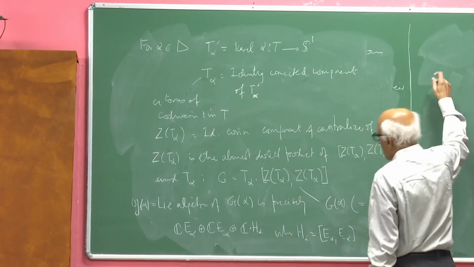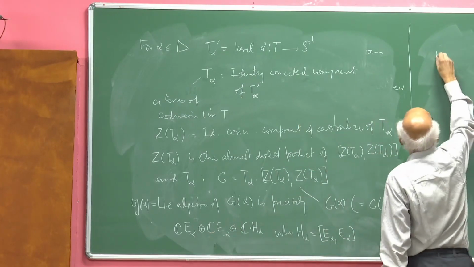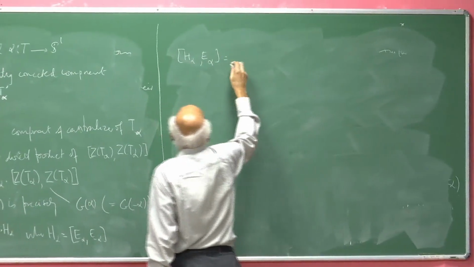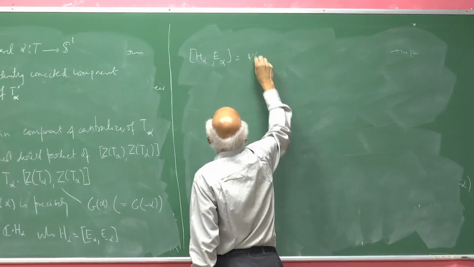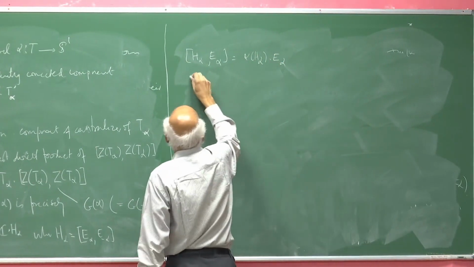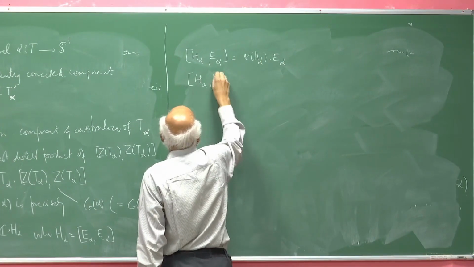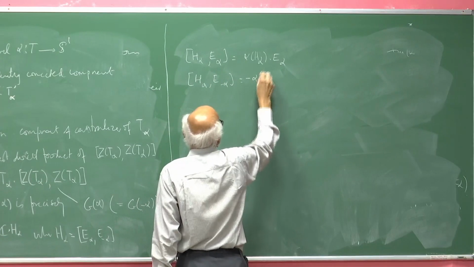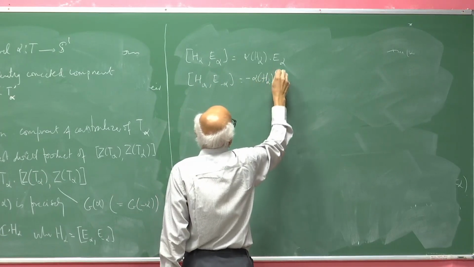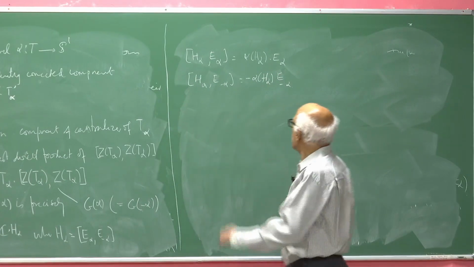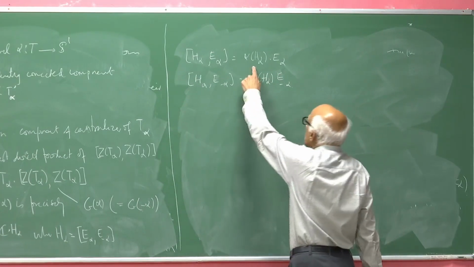So what you find is this: H alpha, E alpha will be equal to alpha H alpha times E alpha, and H alpha, E minus alpha equal to minus alpha H alpha times E minus alpha, except for the fact that this alpha H alpha is not 2.